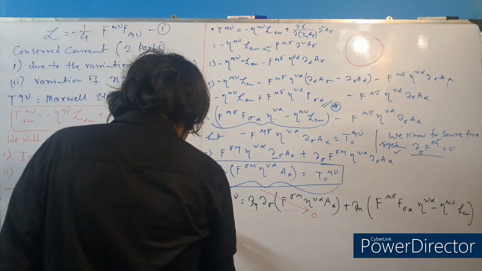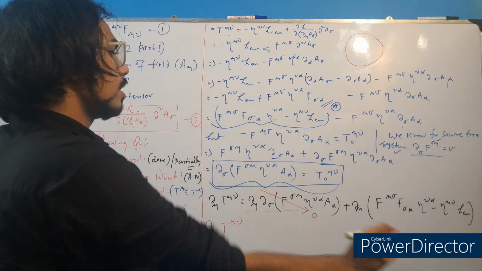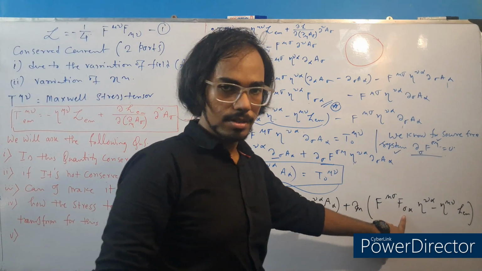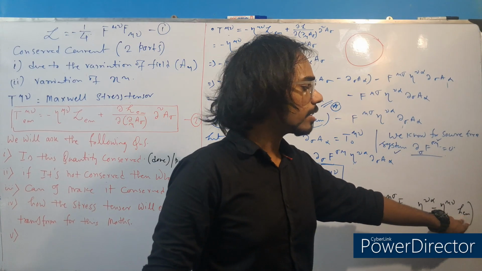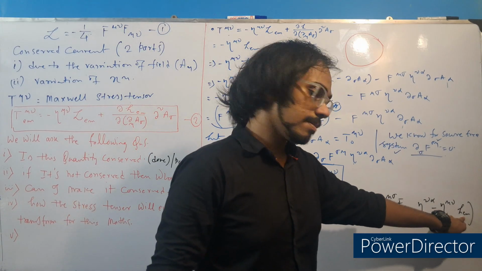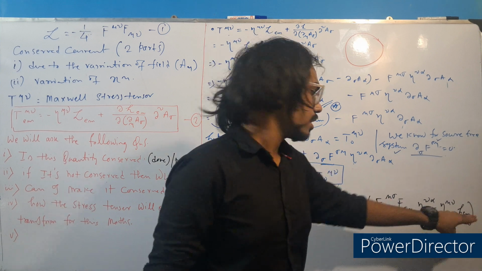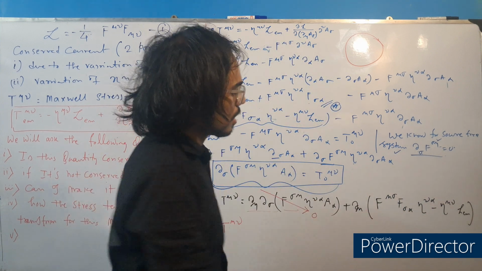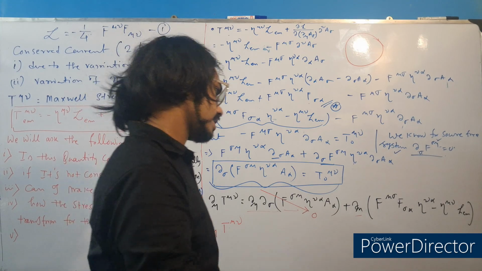So we are seeing that del mu T mu nu, this is anti-symmetric, this is anti-symmetric, so this is a symmetric thing. This also has some kind of induced index, say alpha beta, so this is also a symmetric thing because anti-symmetric and anti-symmetric will give you a symmetric thing. So this whole thing is symmetric, and mu is definitely a singular thing, so it has nothing to do with exchange.